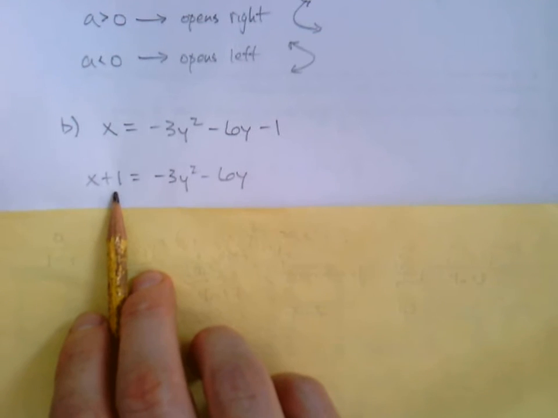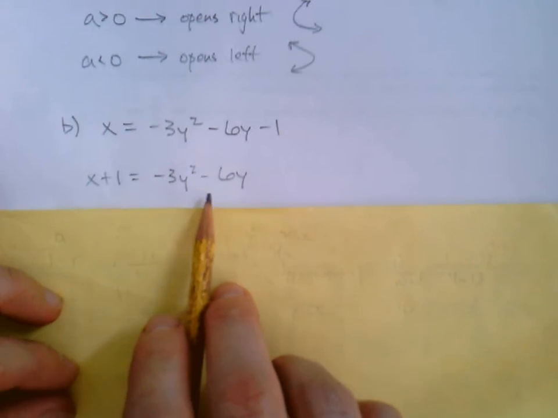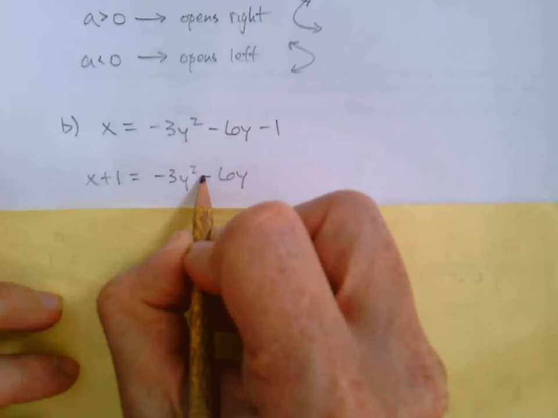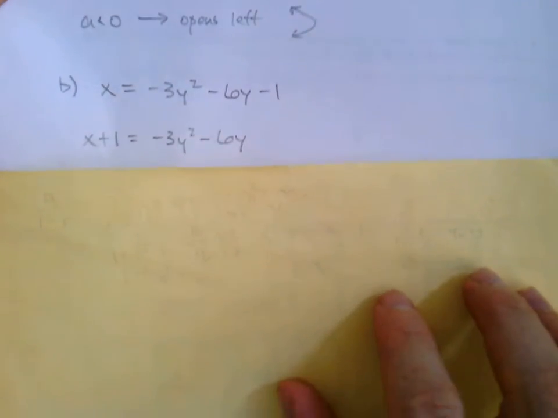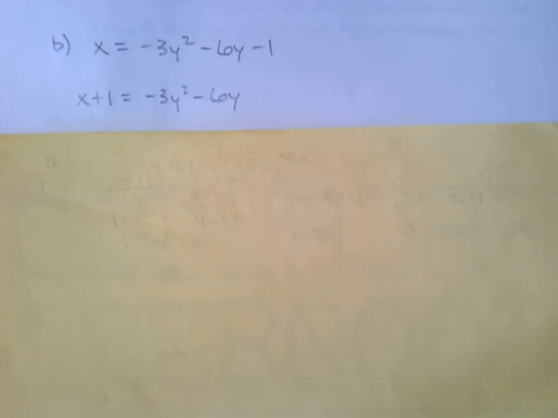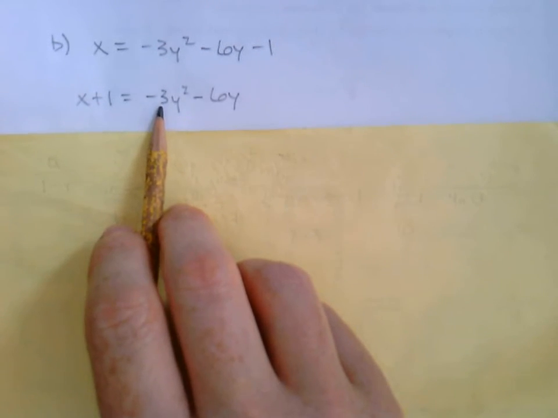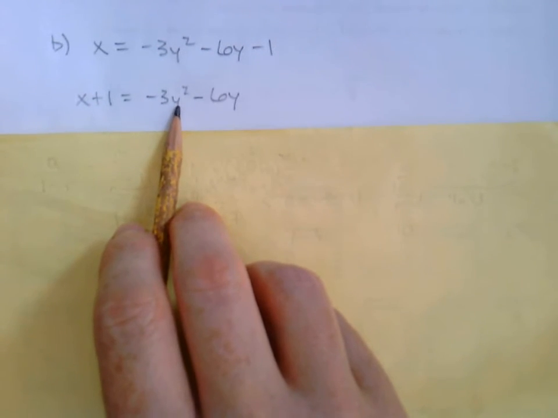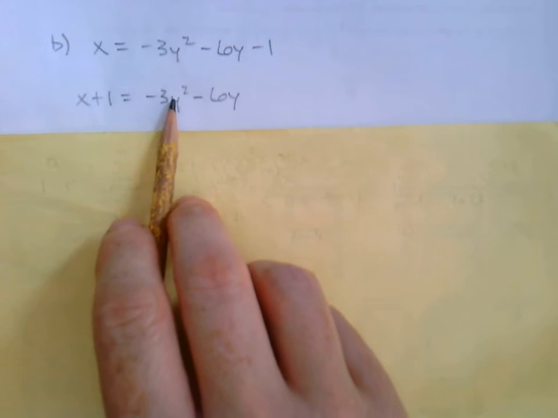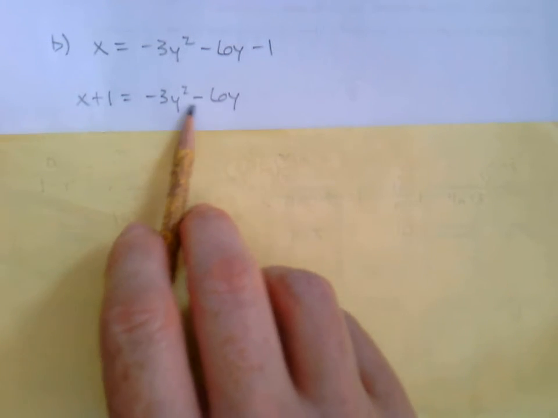Eventually, this will become the h, and we're going to complete the square right here. Now, if you think back to when we first learned about completing the square, you might remember you're never allowed to have a number in front of your square. So we can't complete the square as it is.